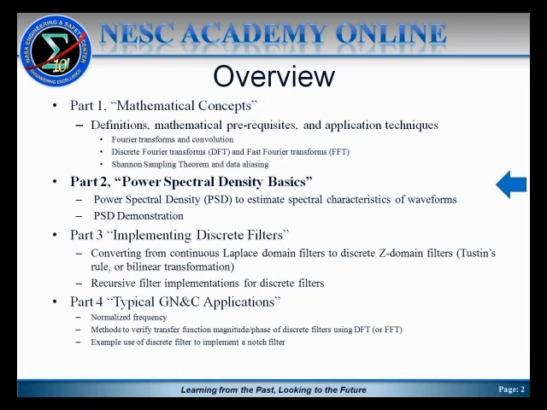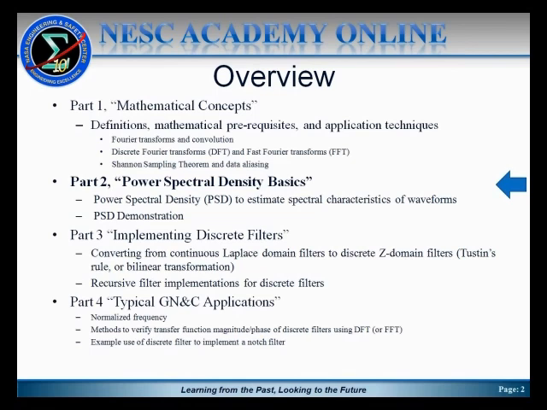This slide presents an overview of what was presented in Part 1 of this discussion, what will be presented in Part 2, today's discussion, as well as in Parts 3 and 4. In the previous discussion, entitled Mathematical Concepts, we defined the definitions, mathematical prerequisites, and application techniques that are used for digital signal processing, including Fourier transforms and convolution, discrete Fourier transforms, and fast Fourier transform, which is an algorithm for efficiently computing discrete Fourier transforms.